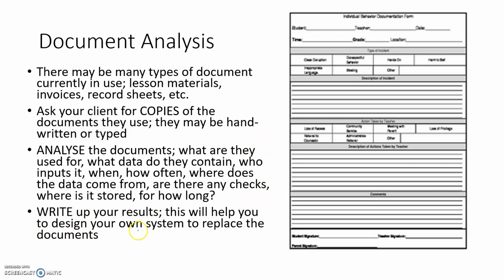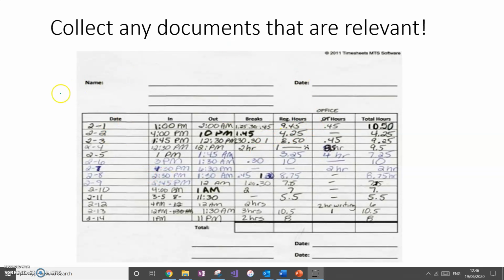So this is just one example of a completed timesheet in this particular project, and the old system, of course, relying on a manual timesheet that was filled in and completed using pen and paper.